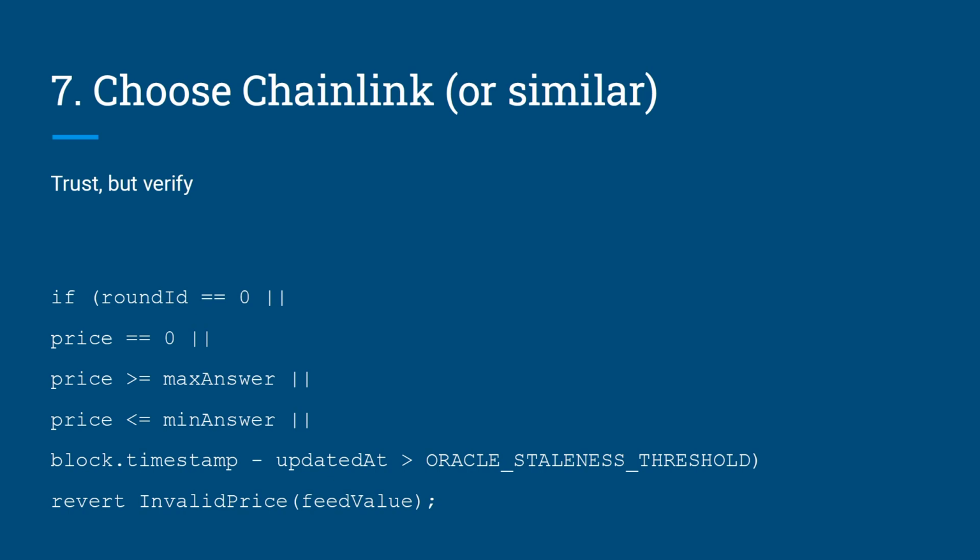Let's resume. Let's say you choose Chainlink. The problem here is that when you receive the data, it is not always good data. You have to verify the data. And if you have no idea what the code here means, that's perfectly all right. Those of you in security, this may look extremely familiar.